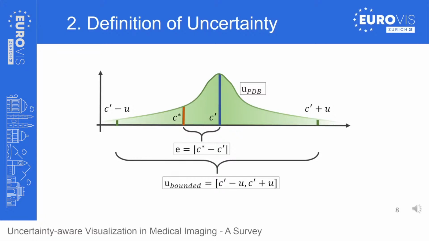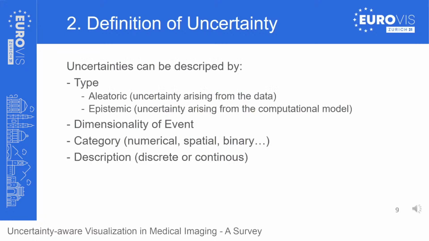One is a bounded uncertainty, which means you define an interval around what you measured and say everything that's inside this interval is certain. Or what you can also do is you can use a probability distribution function, which tells you that what you measured is probably true, and the further you go away from this measurement, the less probable it will become.